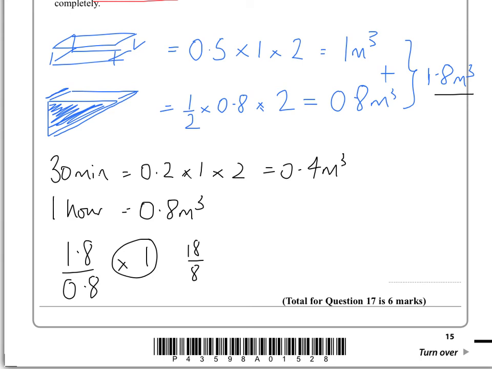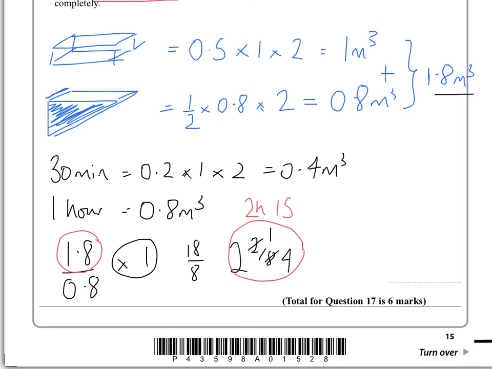So 18 over 8: 8 goes into 18 twice, and then you have 2 over 8 left over, which is the same as 1/4. So to get rid of 1.8, it's going to take 2¼ hours. That is essentially 2 hours, and what's a quarter of an hour? 15 minutes. That's to get rid of 1.8.